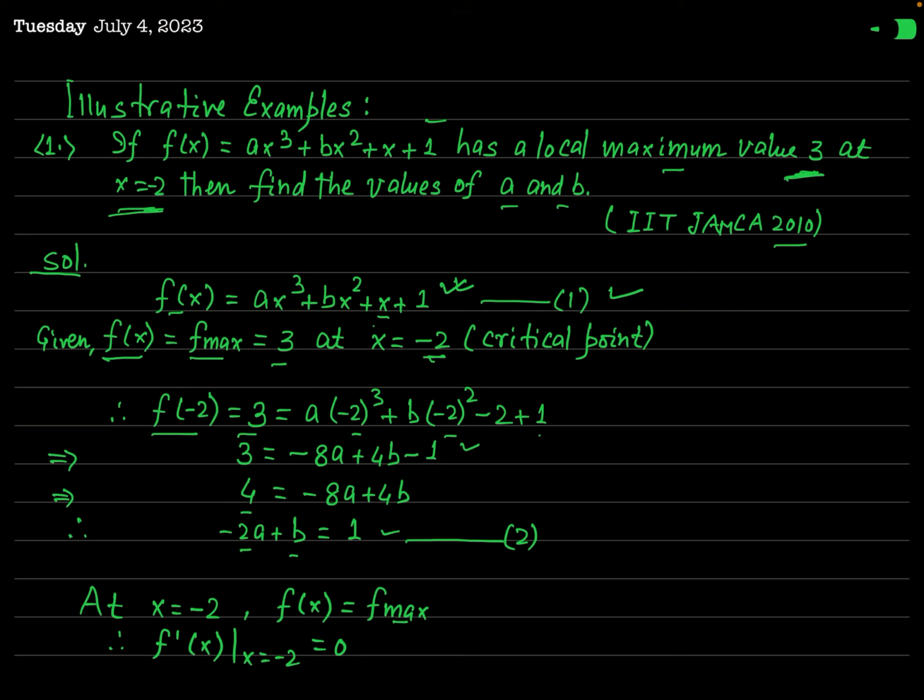But we know that when the function is maximum, then f dash of x will be 0. So we can write that f dash of x when x equal to -2 is equal to 0.